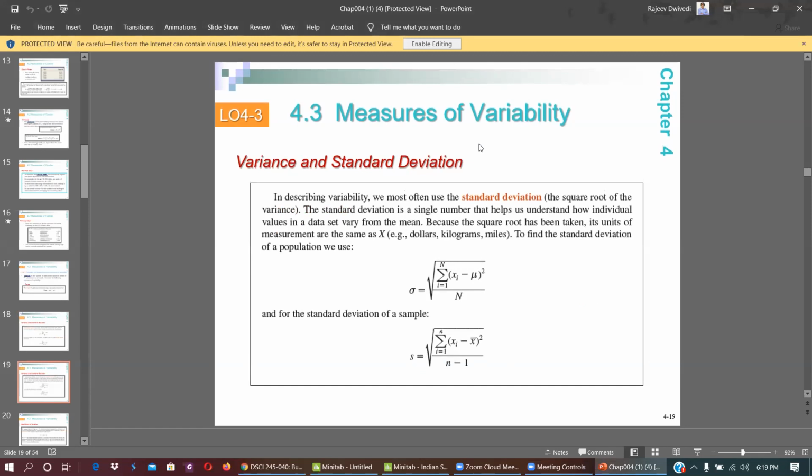So you can see there is no difference except removing the square part from sigma. This is the relationship between variance and standard deviation.